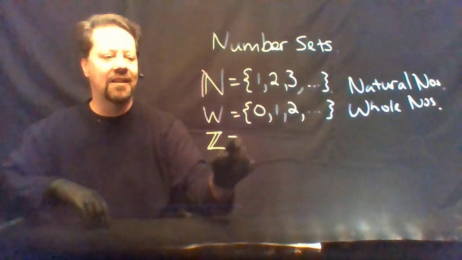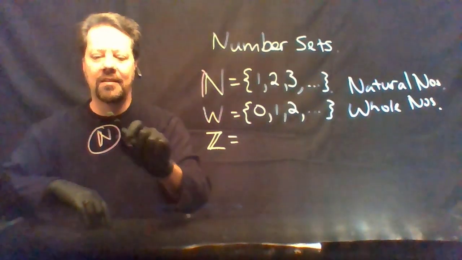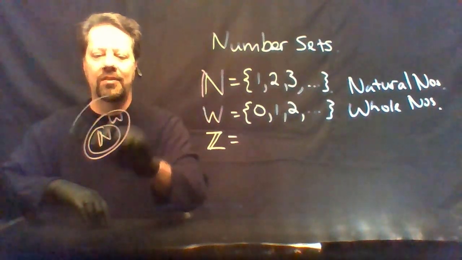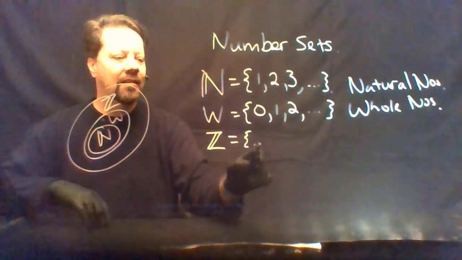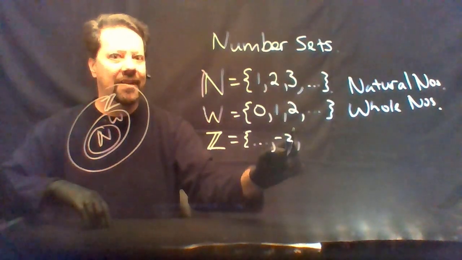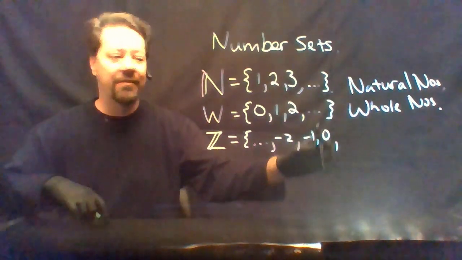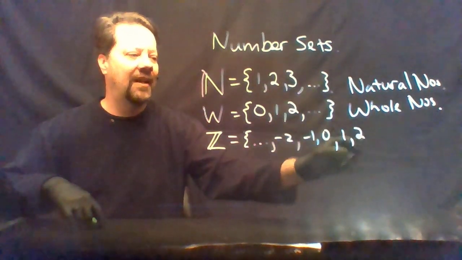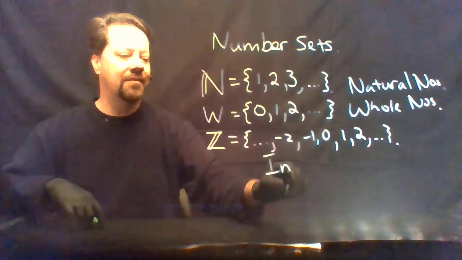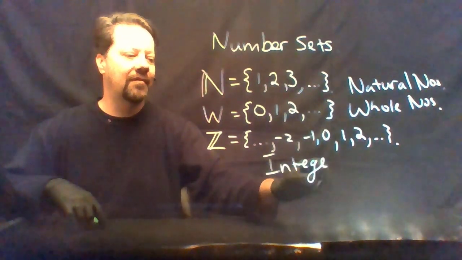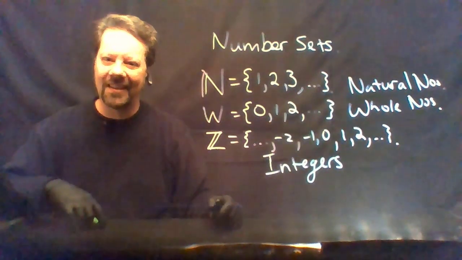Next on the number scale, these are going from smaller number sets to larger number sets. We're going to throw in the negatives. The invention of the concept of negative number was also an important milestone. These are the integers. Now, I know what you're thinking.